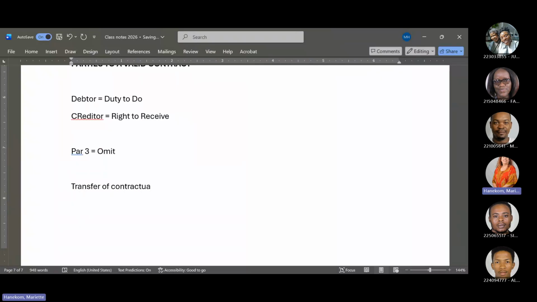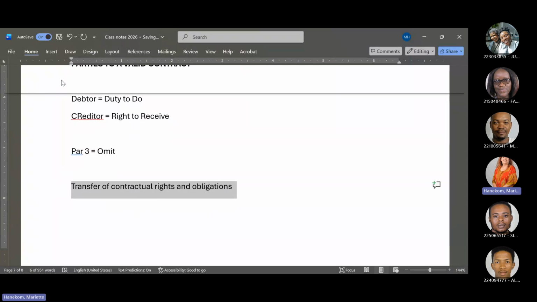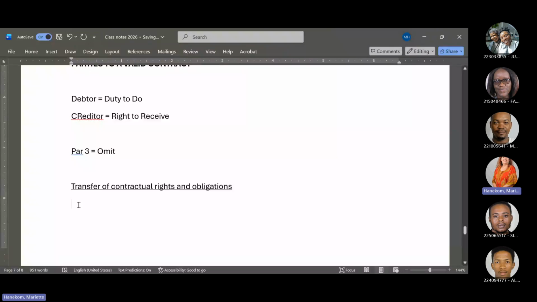Then let's just quickly look at transfer of contractual rights and obligations. So if you want to change the parties to a particular contract, our law allows for that. Transfer of a right is known as cession. You need to know this terminology.